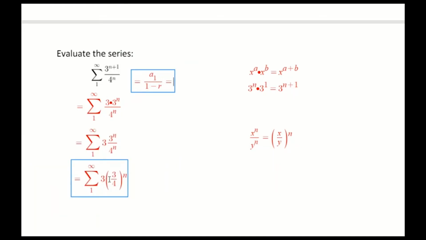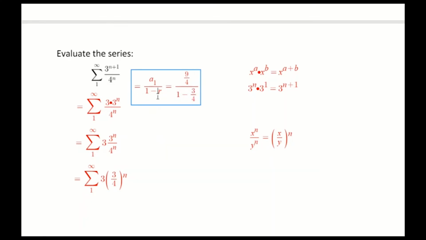Let's go ahead and compute that. So if I plug in 1 here, I get 3/4 times 3, which would be 9/4, divided by 1 minus the common ratio, which is 3/4.